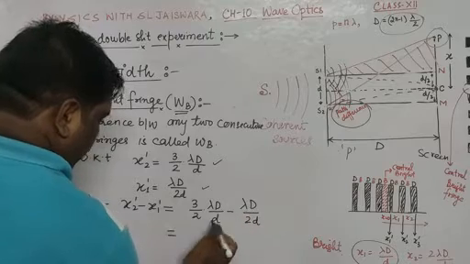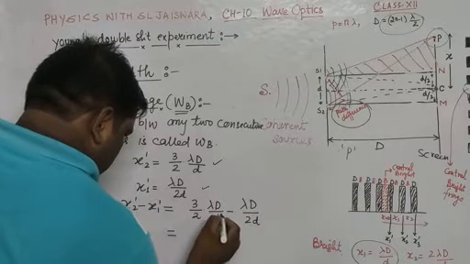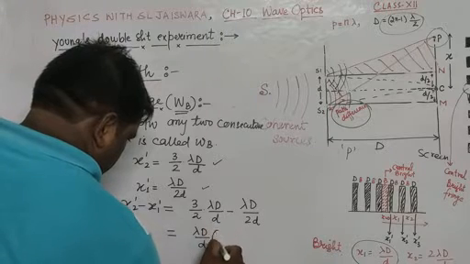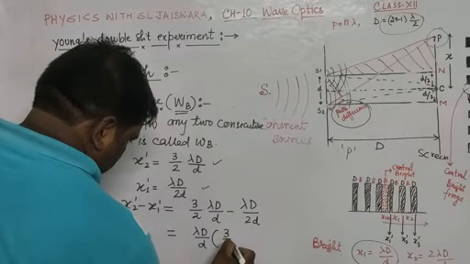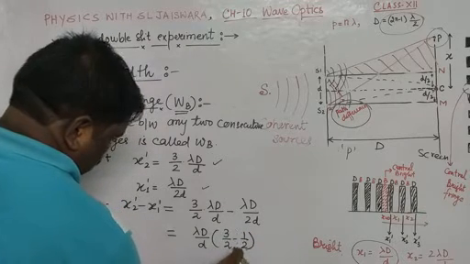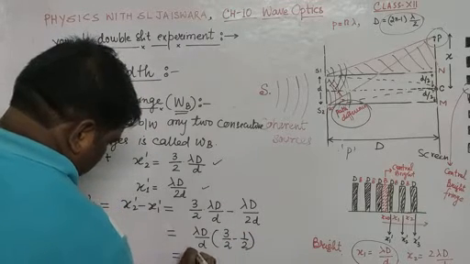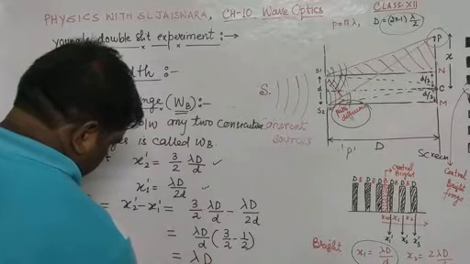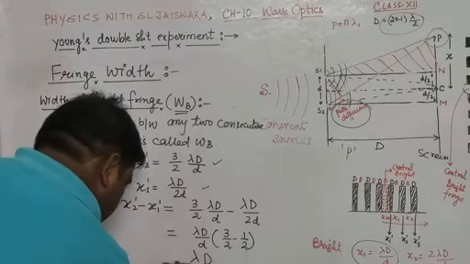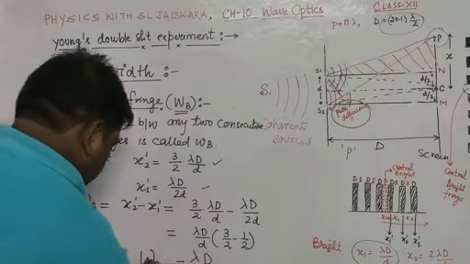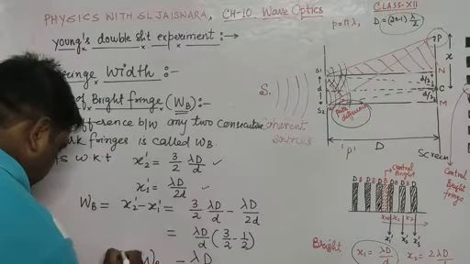When you simplify, you can take lambda D upon d common, and in the bracket what is left is 3/2 minus 1/2, which becomes 2/2, finally 1. So WB equals lambda D upon d, and sometimes it is also written as beta.